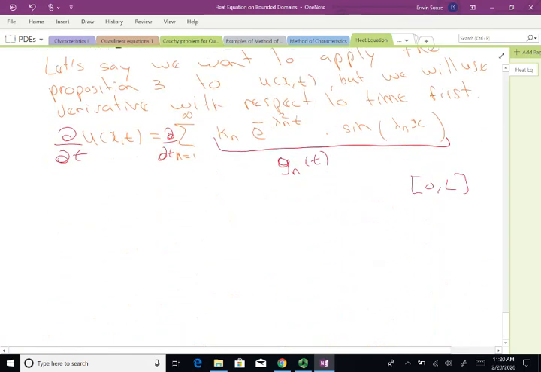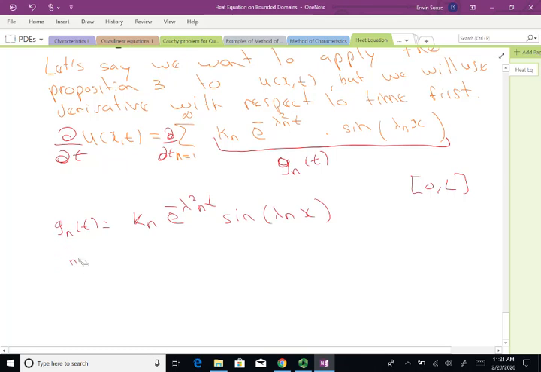So let me write it here. Gn of t equals Kn e to the minus lambda n squared t sine lambda n x. Okay, so that's the first part.